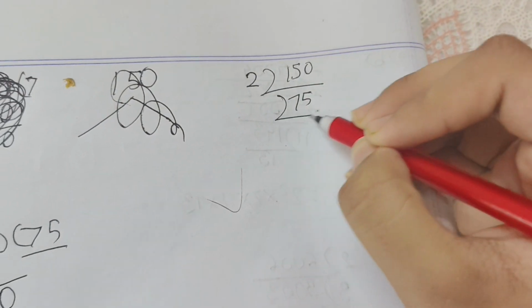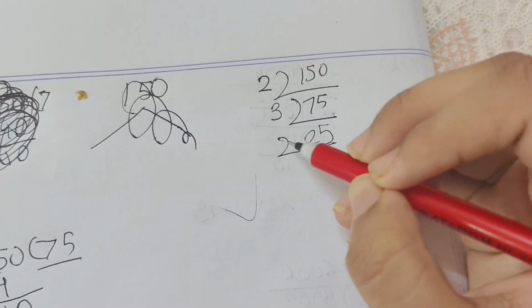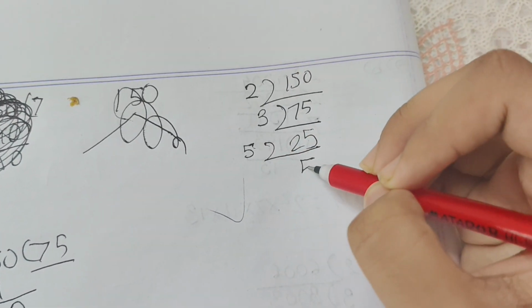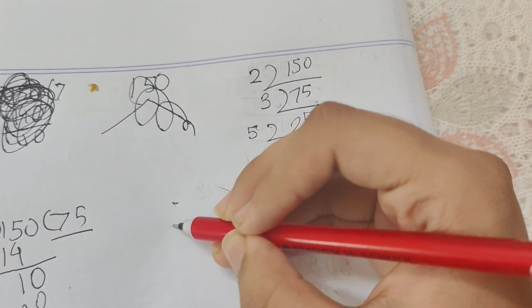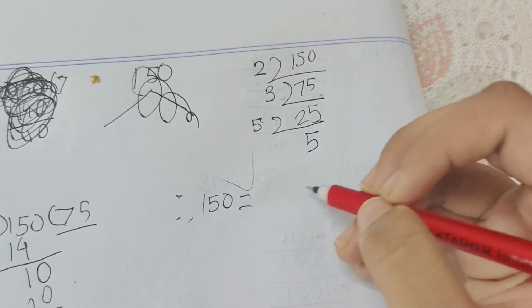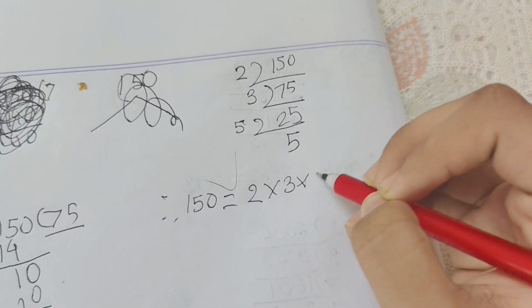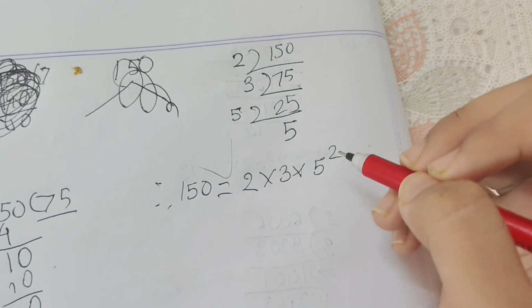We can divide 75 with 3 to get 25. 25 can be divided by 5 to get 5. Therefore, 150 as a product of prime numbers is equal to 2 multiplied by 3 multiplied by 5 squared.